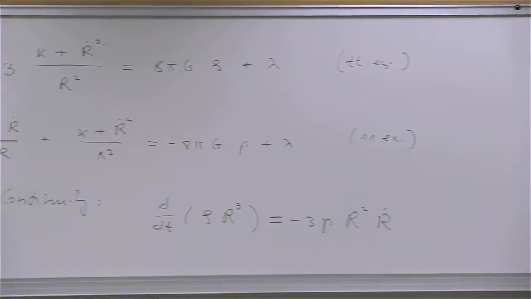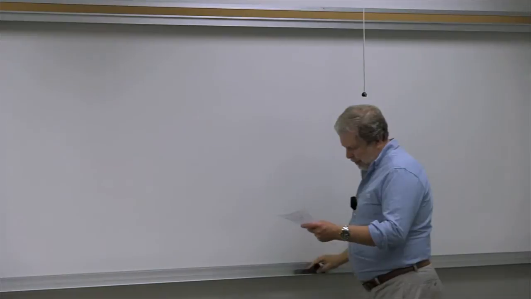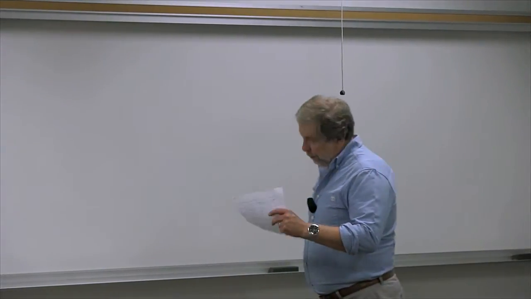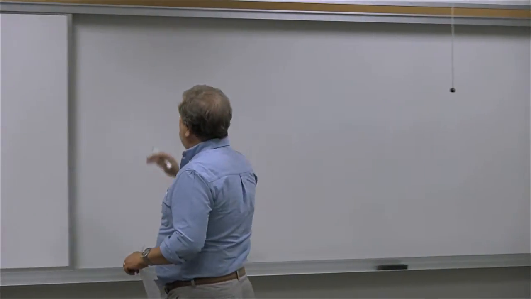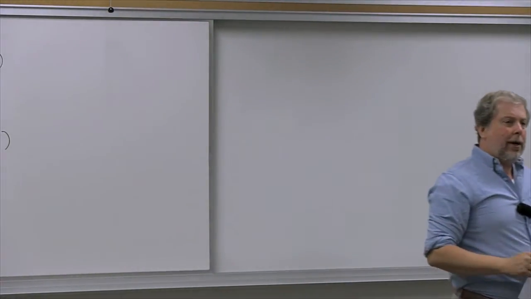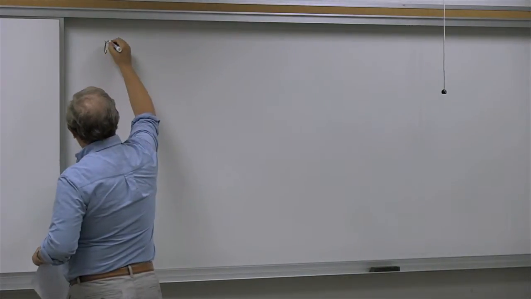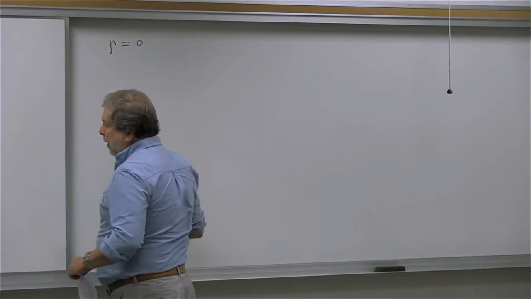So the first thing we can do is look at the last equation. Right? So we're going to analyze several different cases, and one of the simplest cases to look at is the case when the pressure is 0, right?